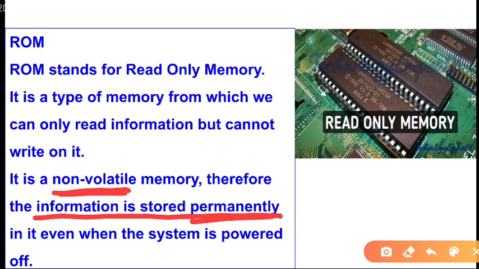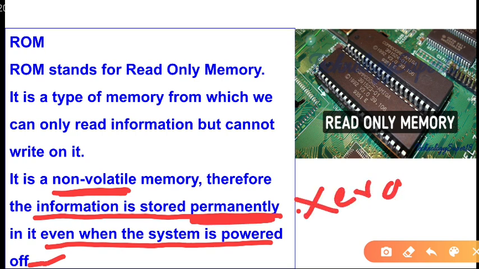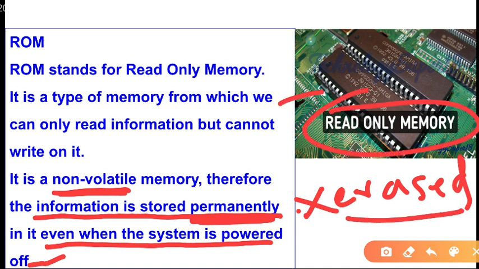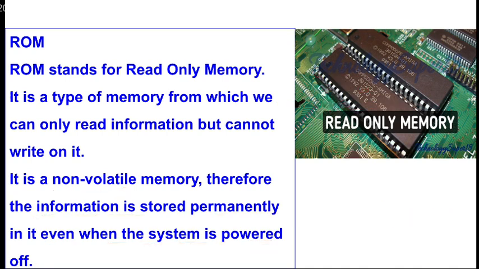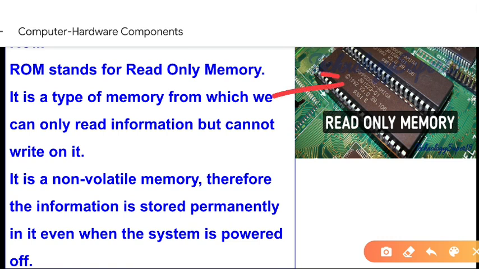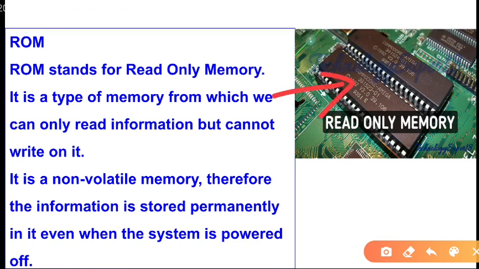Even when the computer is turned off, this information will not be erased. It cannot be erased. Once some instructions are written inside this ROM, this is how the ROM looks, once the information is written inside this ROM, it cannot be deleted.